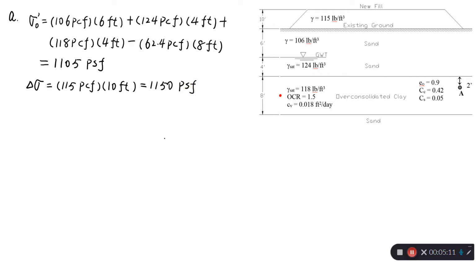Okay, and then we can obtain the final stress, right? So the final effective stress is going to be the initial plus the increment, that equals 2255.